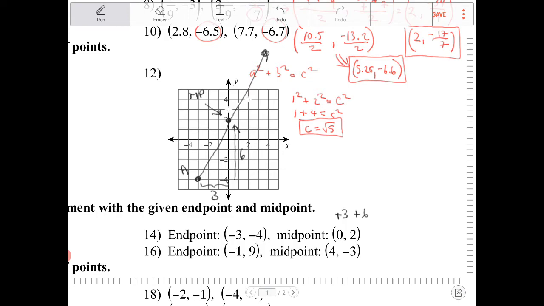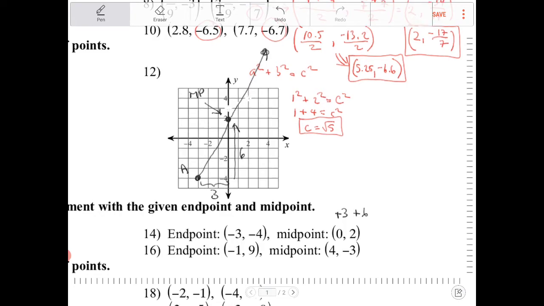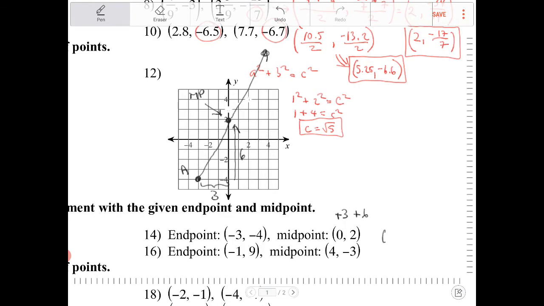And if you do this, then you'll end up with 3, 8. So the other endpoint will be 3, 8. And that makes sense, okay? And the placement of where I believe the answer would have been if the graph was bigger, okay, would have been right there.